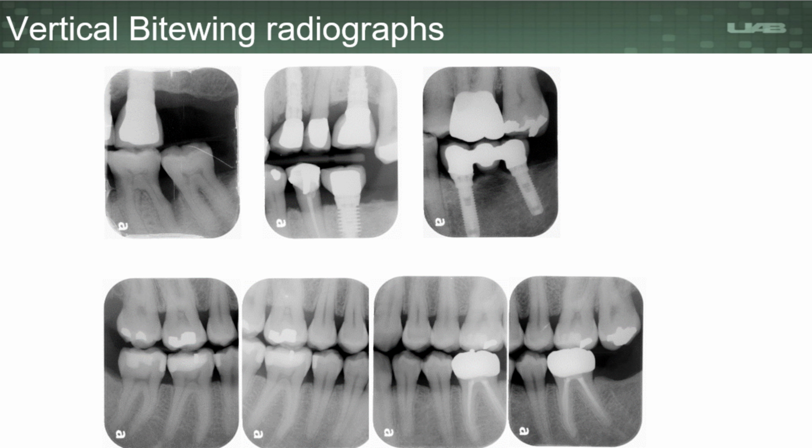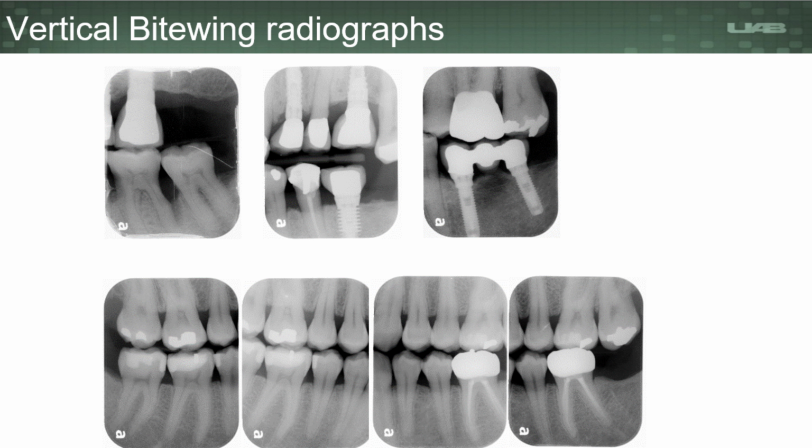And to be honest with you, if you take vertical bitewings, you see a series here at the bottom in which we not only capture the crestal bone of all the posterior teeth, but we also have all the interproximals captured really well. This captures a lot of information about bone levels, as well as the opportunity to judge caries interproximally, if that's what you're using for your interproximal caries diagnostics.